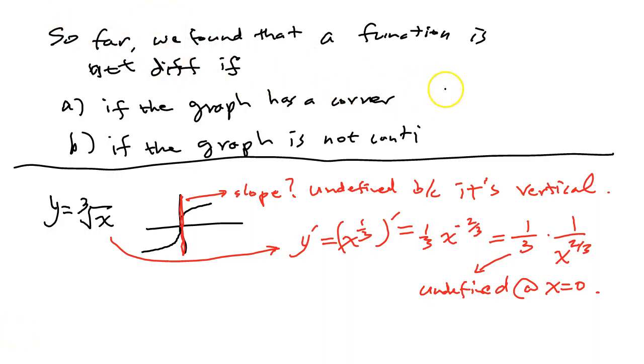So when you talk about points where a function is not differentiable, you can categorize it into three different cases. A function is not differentiable if the graph has a corner, or if it's not continuous, or if it has a vertical tangent.